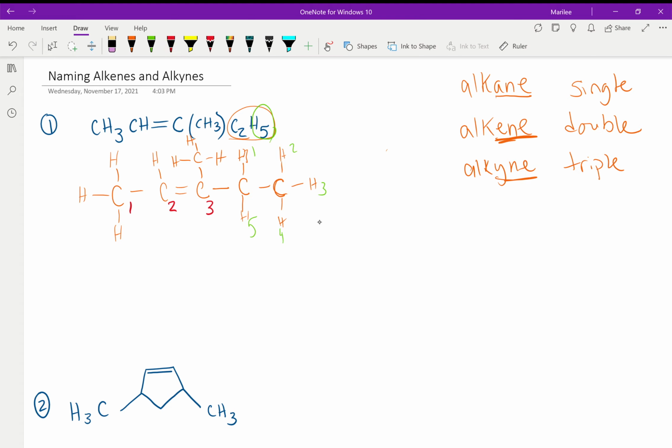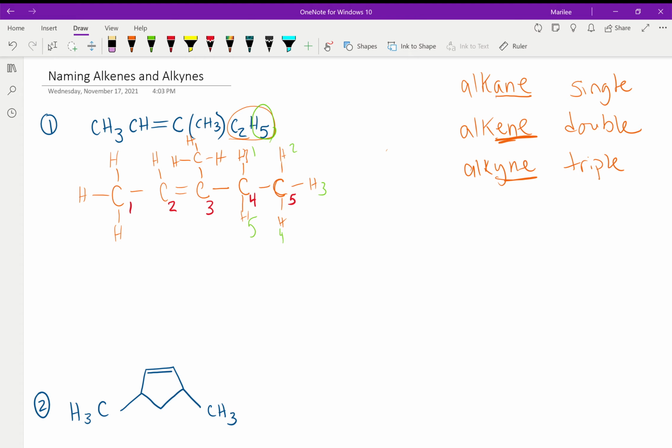So carbon 4 will be here, allowing us to have a 5th carbon in the chain. So far so good? So what I did was I branched everything out and I numbered the carbons. The reason I did not start labeling 1 through 5 from the right side is because our double bond has to be closer to the starting point.